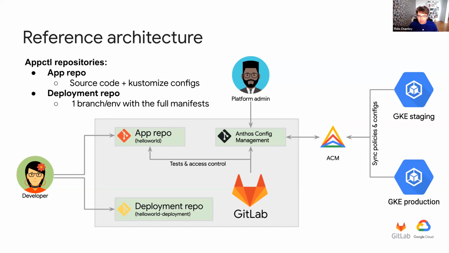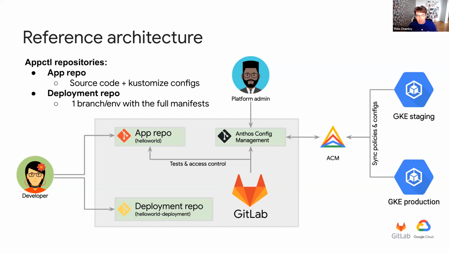And you have another repository called the deployment repository, and that's where all your Kubernetes configurations for that application are going to live. appctl makes the link between those 2 repos and is going to build those Kubernetes configurations, and help you apply those configurations in a very controlled way on your Kubernetes clusters.